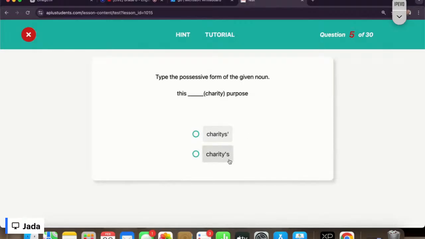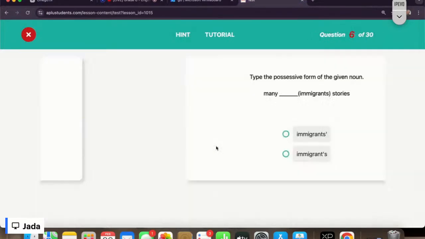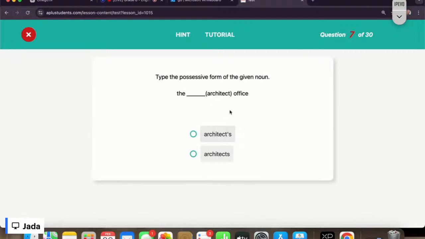Alright, so do we have the first, the second? What's the right one here? The second. So the architect office, first to second, what's the right one here?